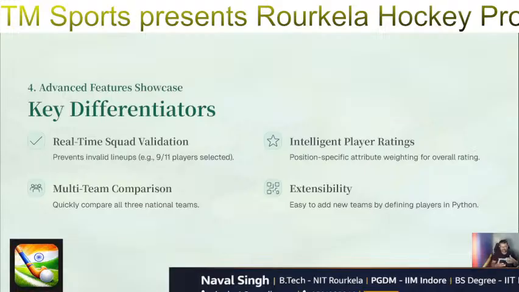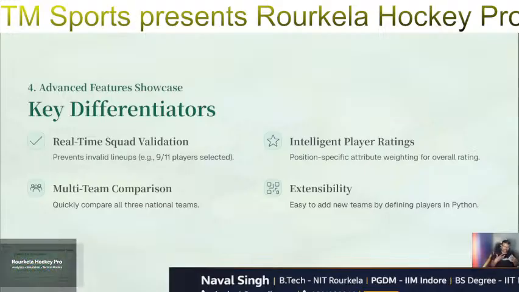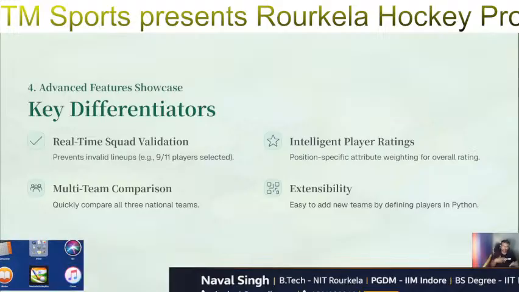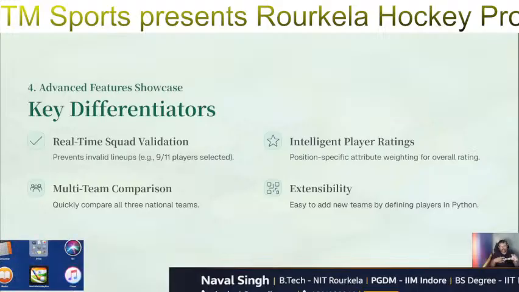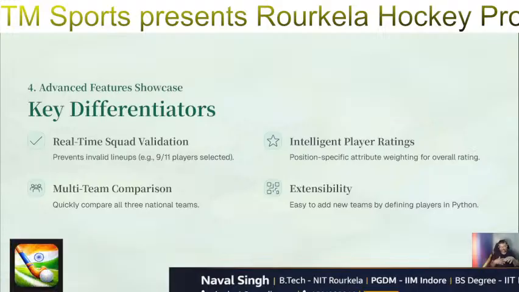Suppose only 9 players are selected and the simulation is run, that real-time squad validation happens. It gathers intelligent player ratings, so the attribute weighting is position specific, where each player is playing, and how it impacts the team dynamics and team composure and team performance. That's part of Rourkela Hockey Pro.